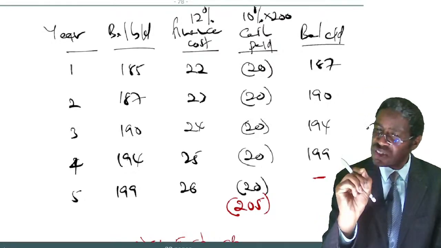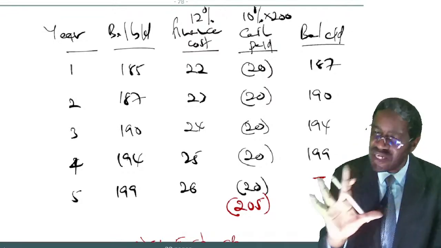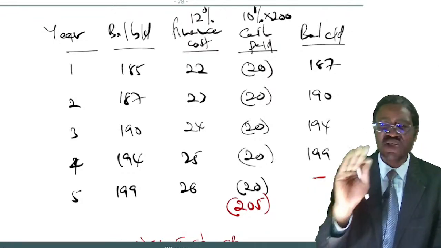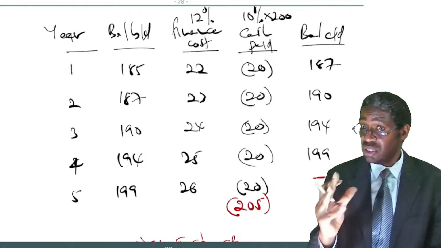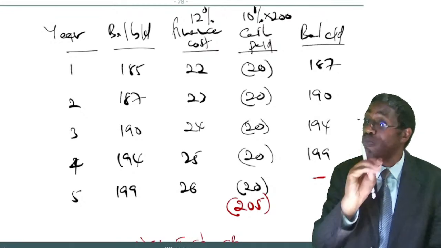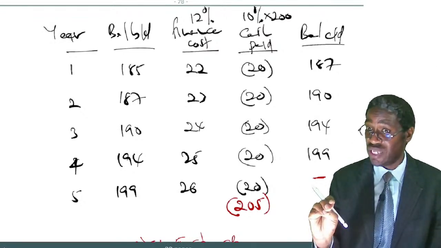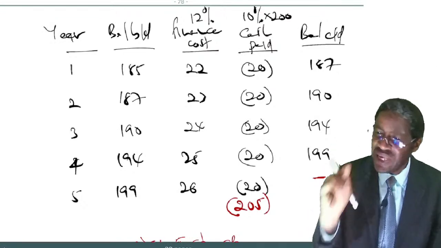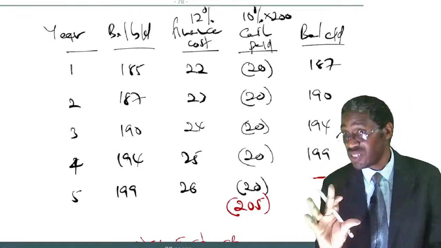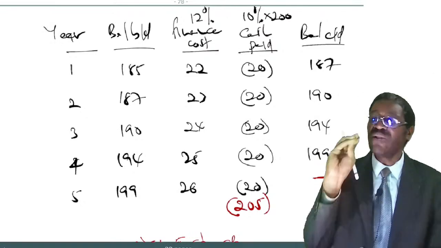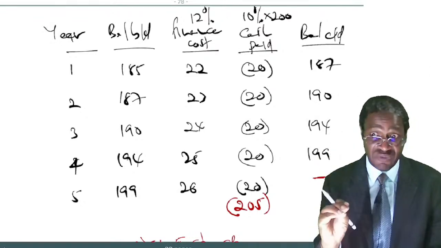So it means I am not paying anything of the principal. The 20 I'm paying every year, I am only servicing the interest. I hope once you get that the 20 you are paying is not the repayment of the principal amount. This bond will be redeemed in the 5th year.